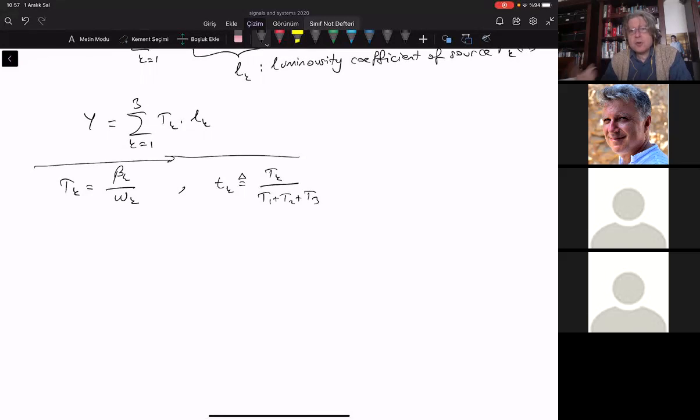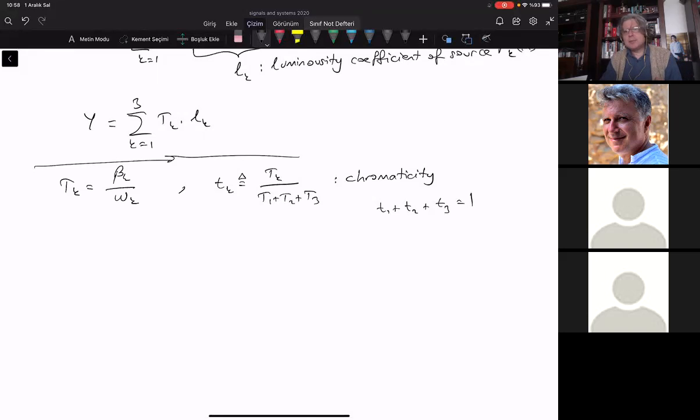So I am further normalizing the three stimulus values, which are normalized between 0 and 1. And this new thing will have a different name. It's not going to be the three stimulus, but it will be notated as chromaticity. And it has a nice property of t1 plus t2 plus t3 to be equal to 1. They all sum up to 1.